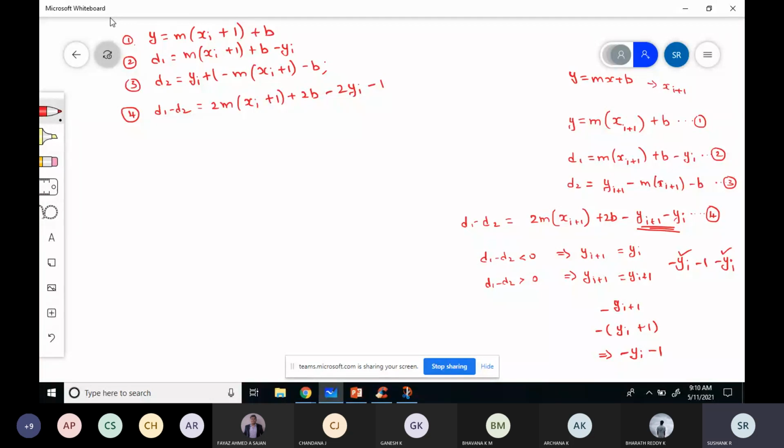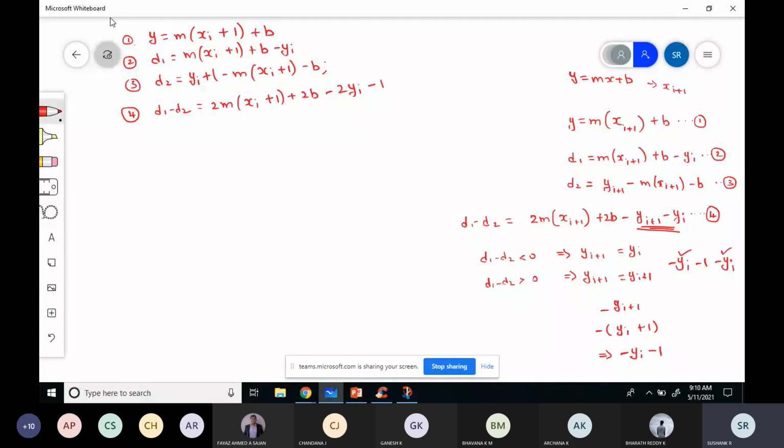So any doubt in this question? I've just simplified the equations. Why I've simplified: in the next stages we need more simplification.